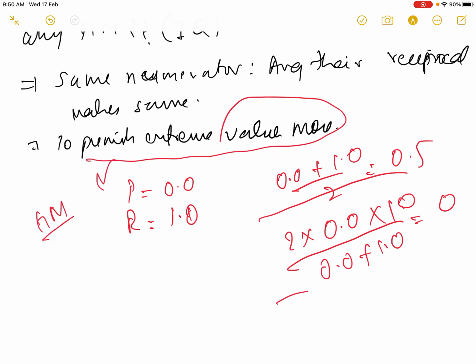Let me tell you that whenever such measures are decided, it is not that somebody thought we need to punish extreme values, so let us take the harmonic mean. No, there are different criteria in mathematics where metrics are given definitions, and what characteristics and properties they should have.